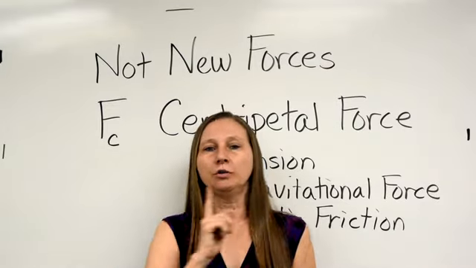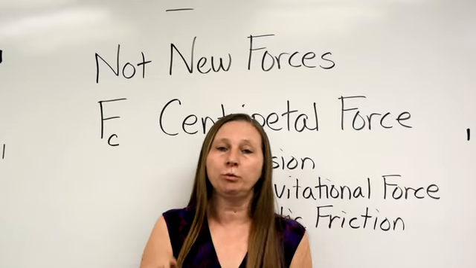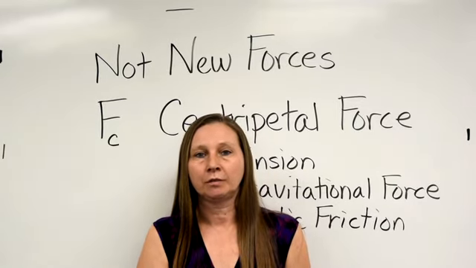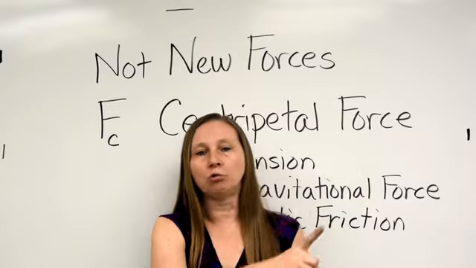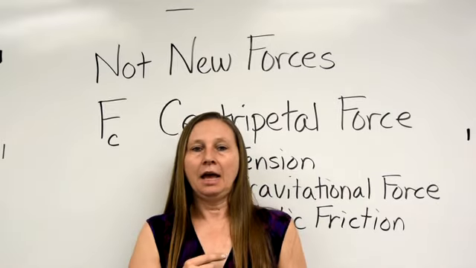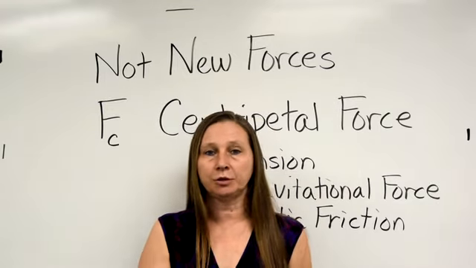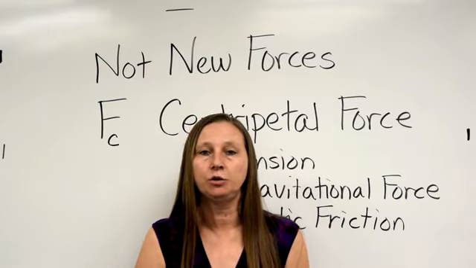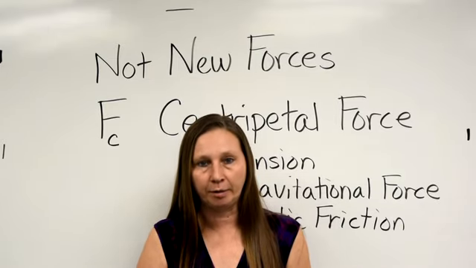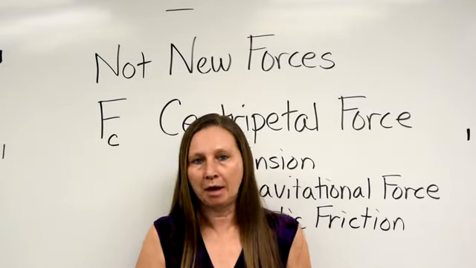I'm causing the earth to move, not in a circle. An orbit would be more of an ellipse. But I am causing the earth to move around me. And when we do problems, to simplify the problem, instead of using an ellipse, we're going to use a circle as an orbit to simplify the math.